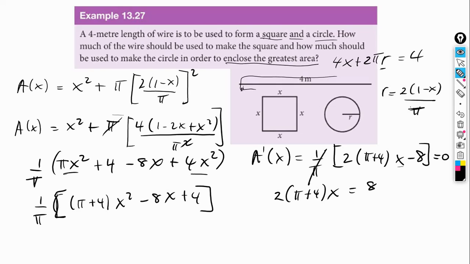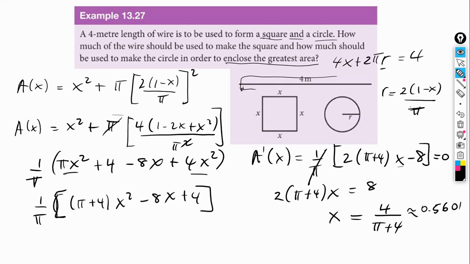Rearranging, we get that x is equal to 4 over pi plus 4. And if you plug it in the calculator, this is approximately 0.5601. Okay, so now the range of values for x is going to be 0 to 1, right?